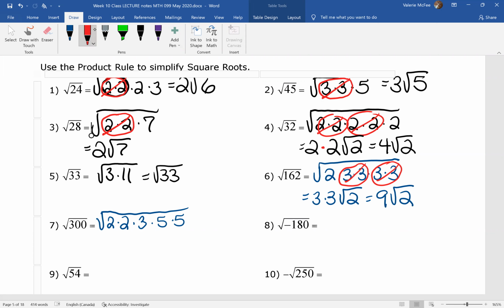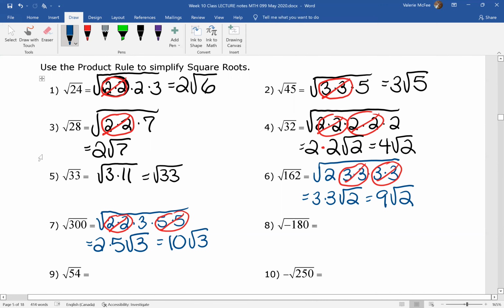For 300, I see a group of 2 factors of 2, 2 factors of 5. So we have 2 times 5 and a factor of 3 left inside the radical sign. This simplifies to 10 root 3.